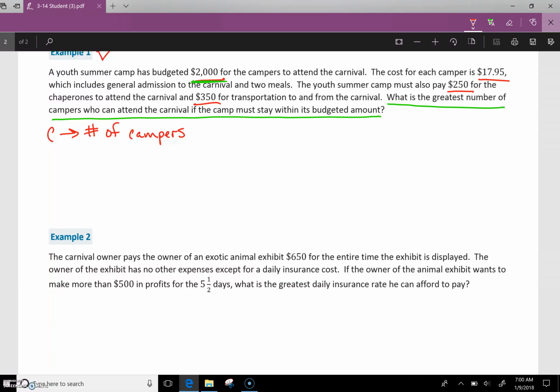Do we know the cost for each camper? Yes, we do. It costs $17.95 for each camper. So $17.95 times C. We also know that the camp has to pay $250 for chaperones.